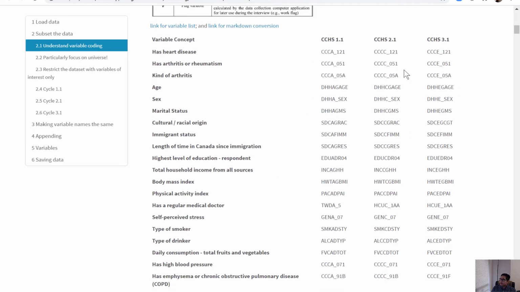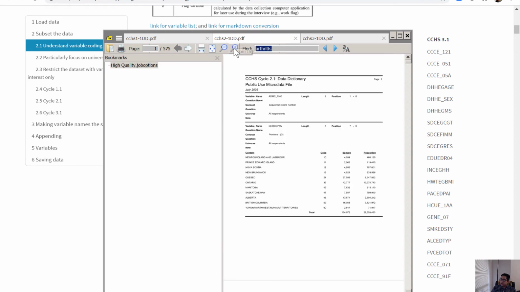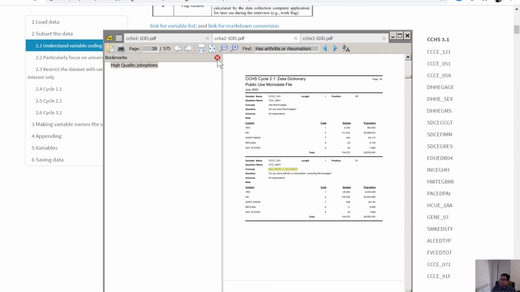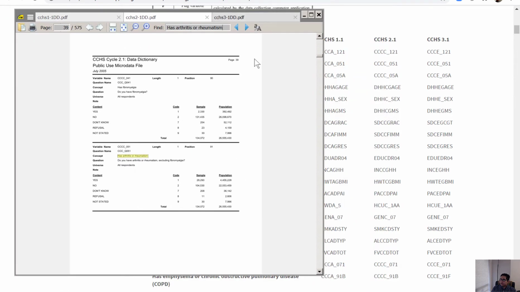Similarly, if you go to the other data dictionary, this is from CCHS 3.1. If you go to CCHS 2.1, you will see there is another variable that has this concept, but this time the variable name is slightly different. Instead of CCCE I have now CCCC, underscore 051.